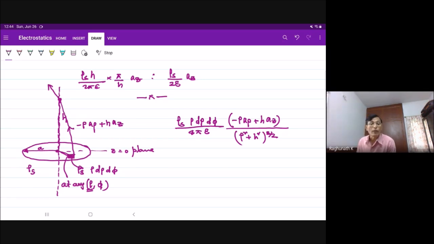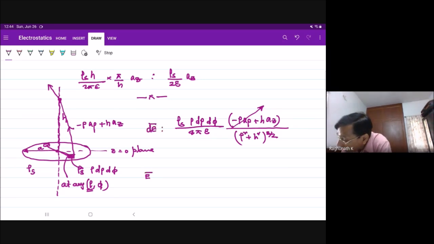In this also, because for every element that I consider there is a diametrically opposite element, there will be no radial component for a circular plane. And the total electric field intensity, the E bar, is this.